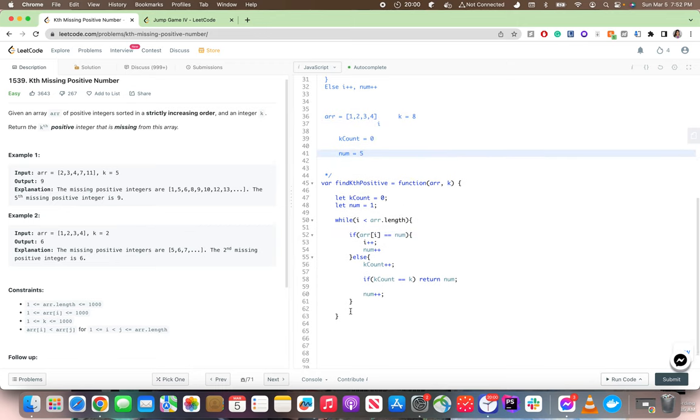And what if we are getting out of the loop, then what would we do? Since we have got out of the loop, and we want to find k equal to 8, right?